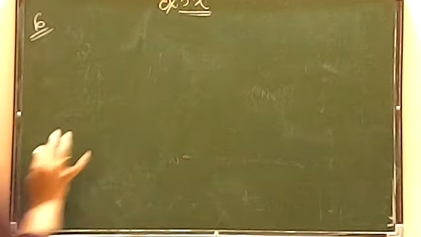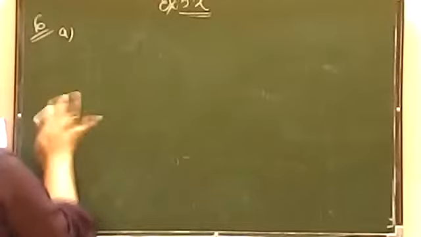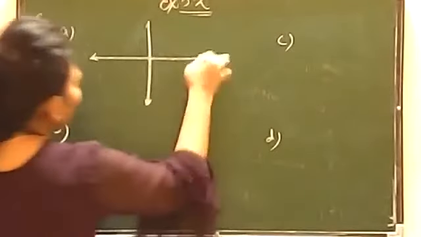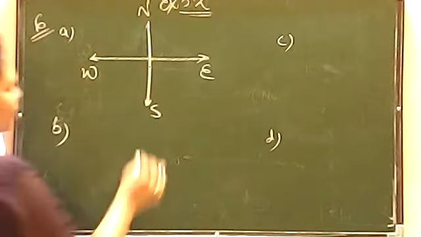Now understand, we have a total of 4 questions, so we will have 4 diagrams: A, B, C and D. Again I am making 4 diagrams for it. You also draw east, west, north, south.